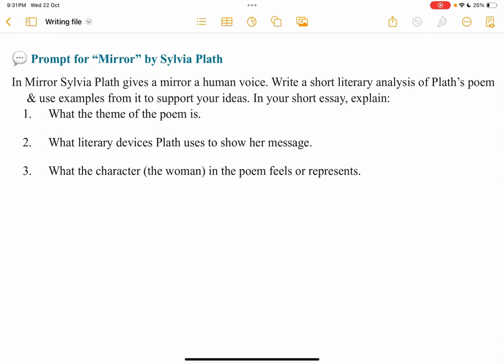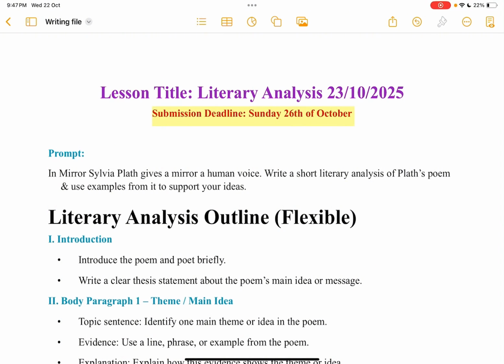In your short essay, explain first what the theme of the poem is, what literary devices, more than one, Plath uses to show her message, and what the character or the woman in the poem feels or represents. You can hear the character speak about the woman and how she feels, or the lake, or the mirror.